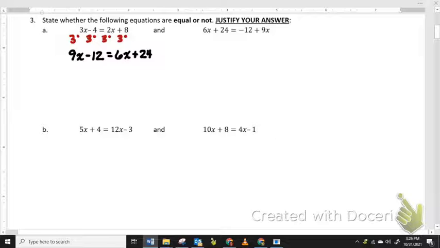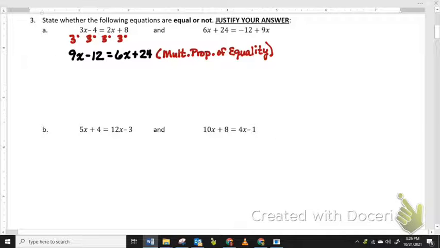So I multiplied everything through by 3. That is the multiplication property of equality. So there's my justification for that step. If you remember our properties, these are the rules of algebra. You guys have used them before.